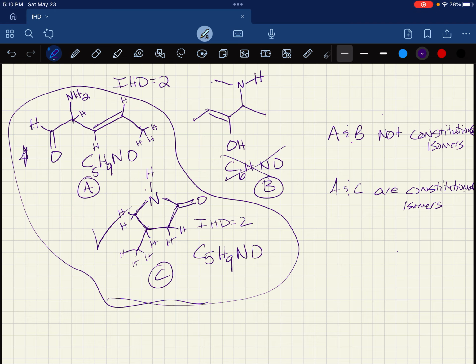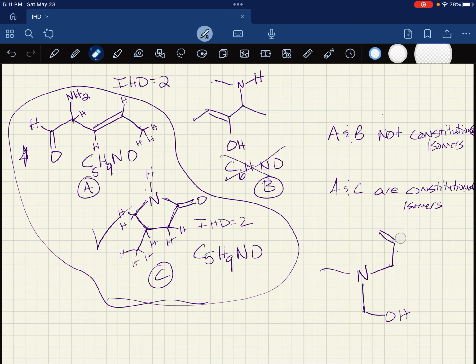If I had another structure, say with all the right atoms, one, two, three, four, five. Oh, I've got too many carbon atoms. Let me fix that. One, two, three, four, five, six. Still too many. 1, 2, 3, 4, 5.